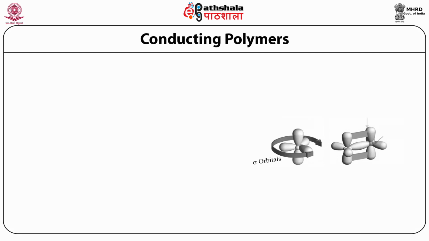Conducting polymers. A typical polymer chain consists of several monomer units whose number can vary from several thousand to millions, such as in polyethylene, polypropylene, etc. In such polymers, valence electrons are sp3 hybridized, leading to covalent bonding between the monomers.